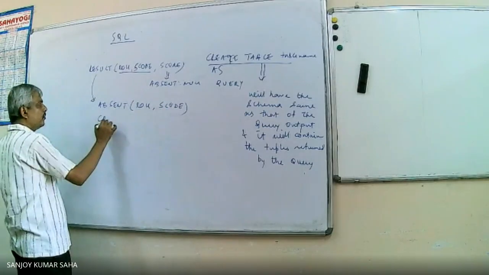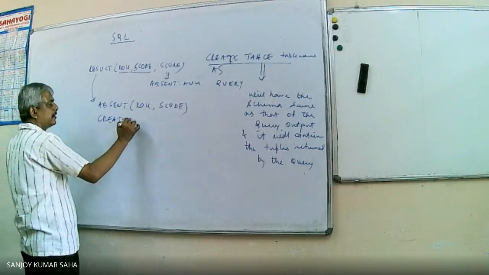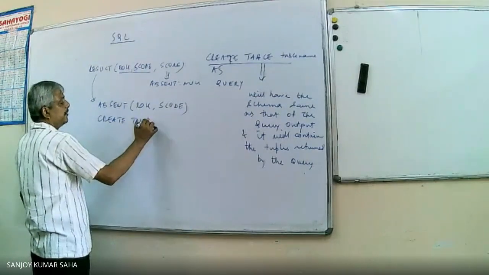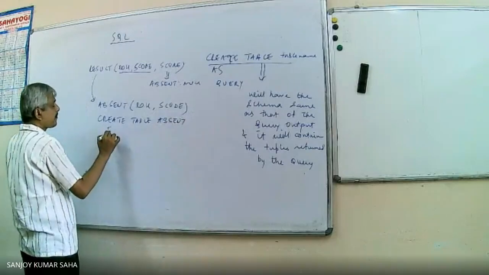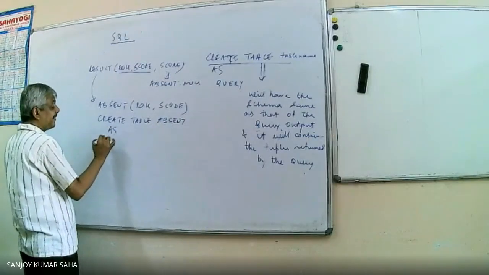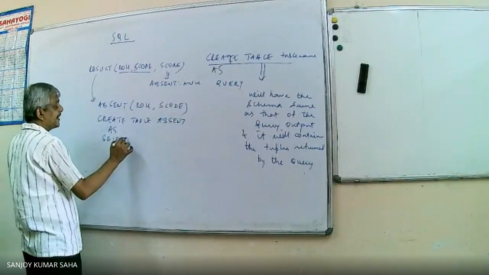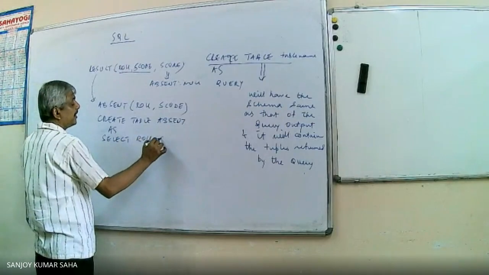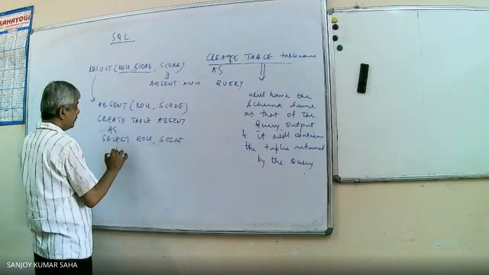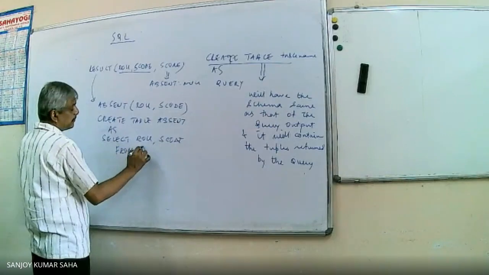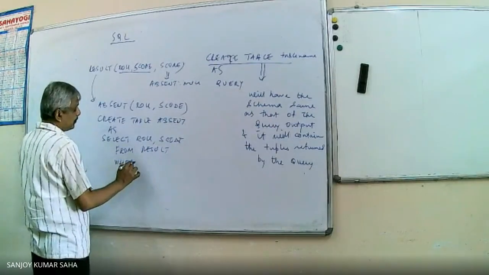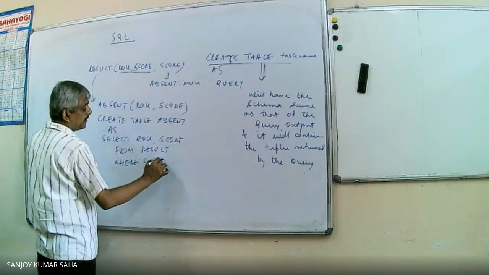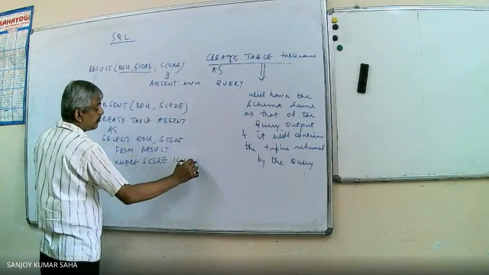So what you can do: create table absent as select roll, score from result where score is null.